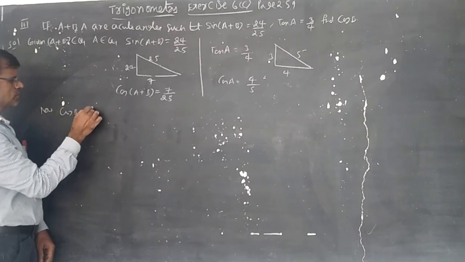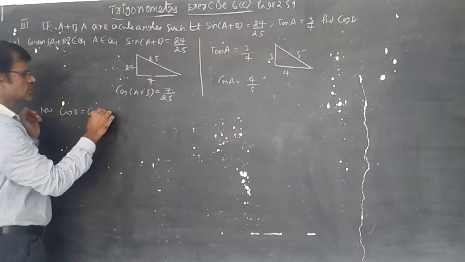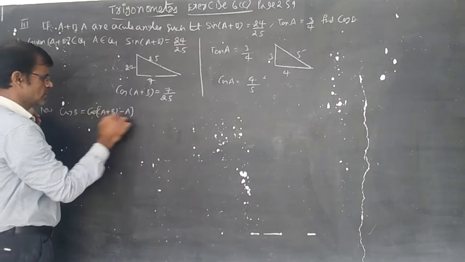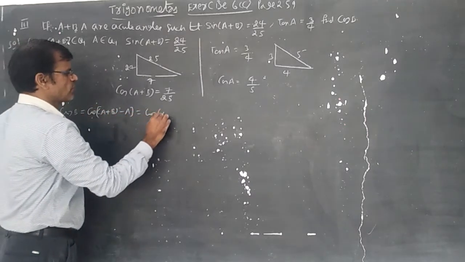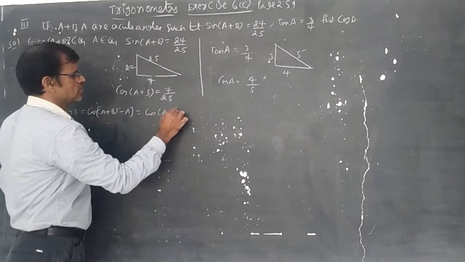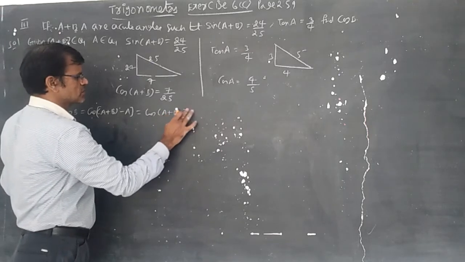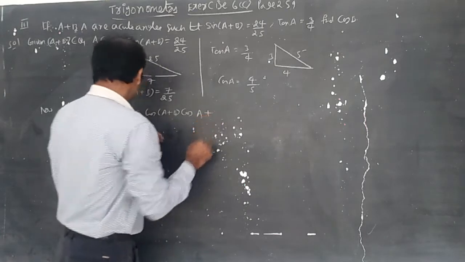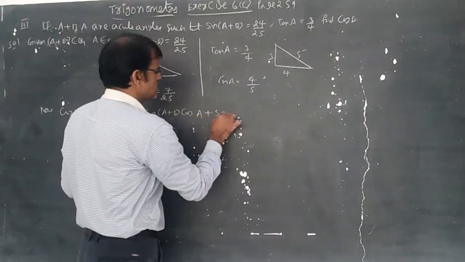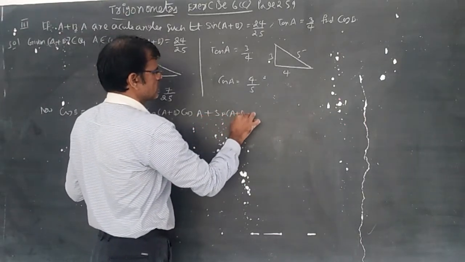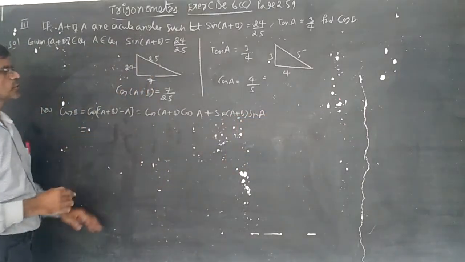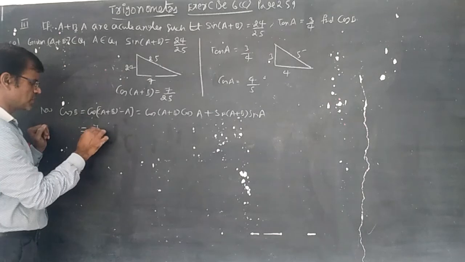Cos B I am writing. Cos B is equal to cos of A plus B minus A. Apply the formula cos A cos B plus sin A sin B concept. So cos of A plus B into cos A plus sin of A plus B into sin A. That is equal to, what is the value of cos of A plus B here?